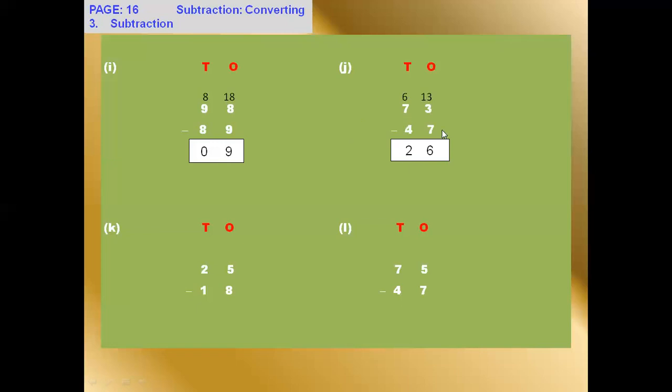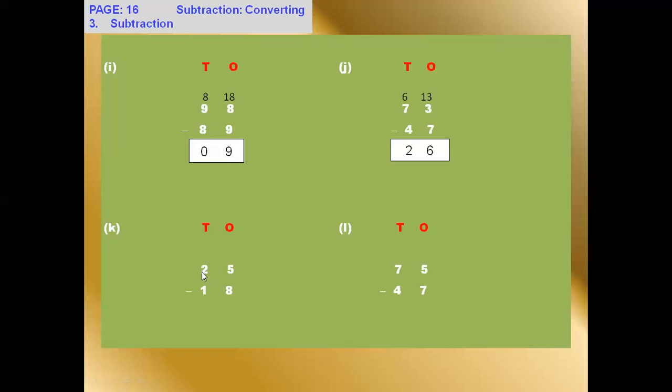So 73 minus 47, the answer is 26. K part, 25 minus 18. 5 minus 8, possible? No. Again, take 1 from the 2, meaning I will borrow 1.